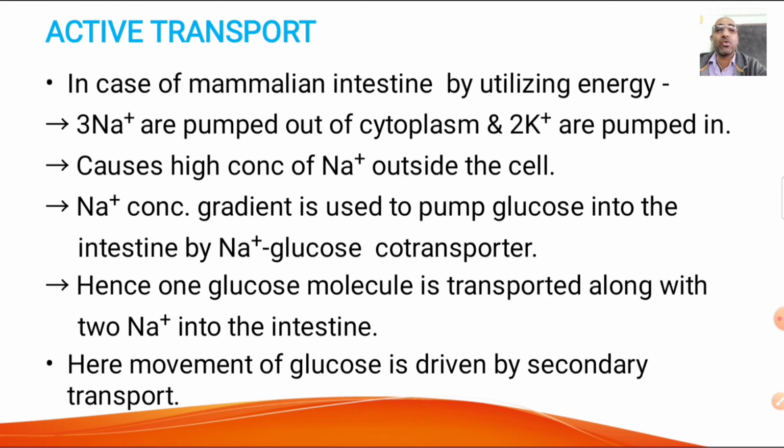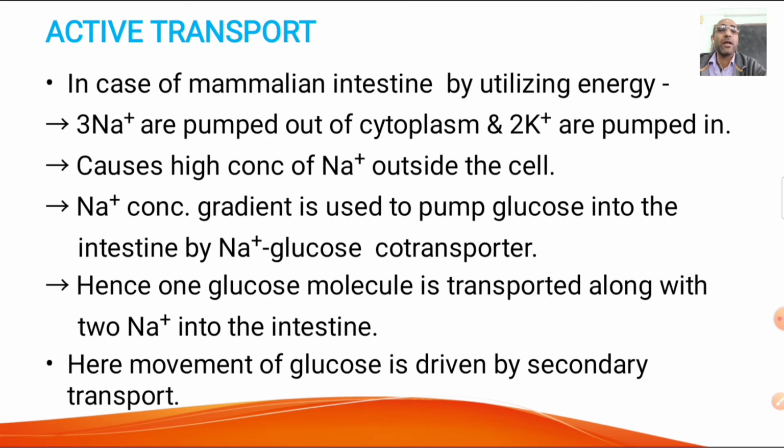So, this higher concentration of sodium outside the cell helps in secondary active transport. How? It pumps glucose into the intestine through Na plus glucose co-transporter. Got it? So, what is that co-transporter?